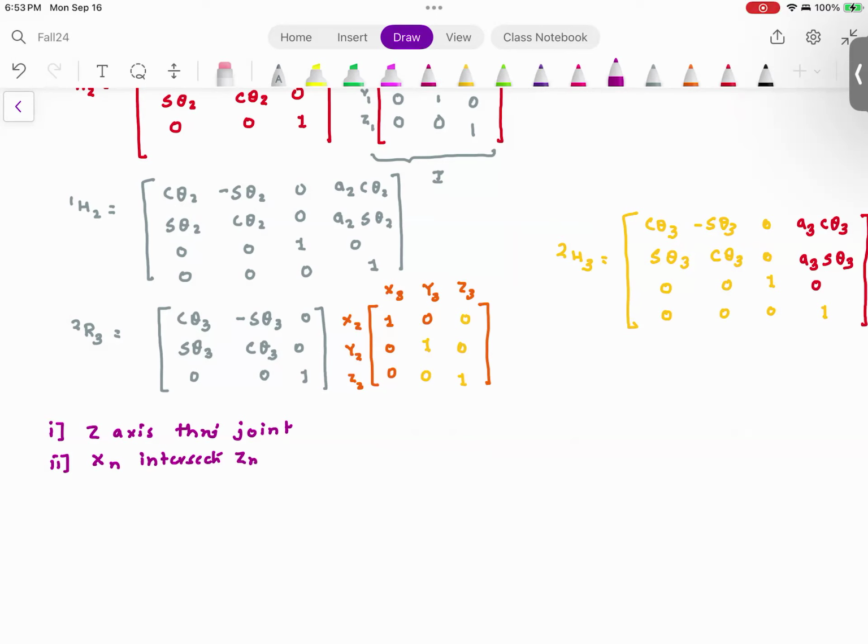Please understand it is redundant, because xn is perpendicular to Zn, so it has to intersect. If it's not intersecting, it's not a triad. So xn is intersecting Zn and Zn minus 1. That is the key thing. And please understand, intersection means physical intersection. It's not being parallel. It needs to be perpendicular and intersect. And the last rule that I want you to remember is that you are going to use a right-hand coordinate system.